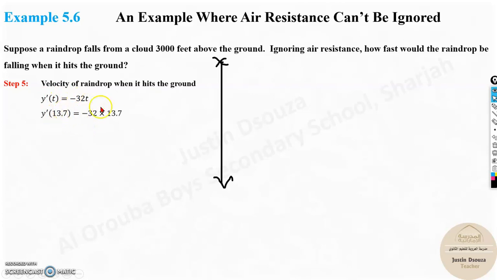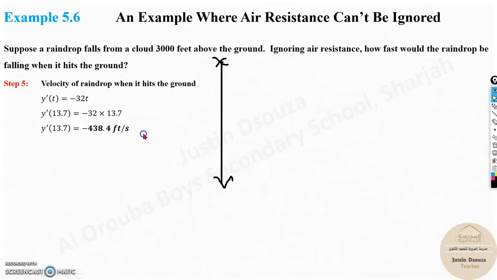All you need to do is substitute 13.7, because that is the time it takes for the raindrop to fall from the cloud 3000 feet above to hit the ground at 0 feet. When you multiply, you will get minus 438.4 feet per second. Negative sign because it's going downwards.